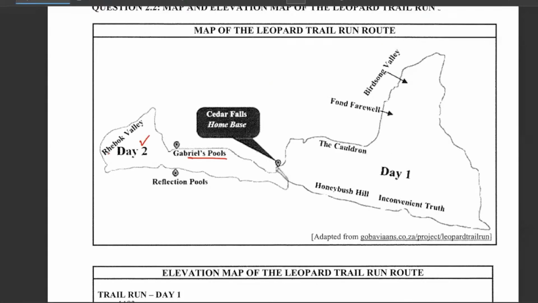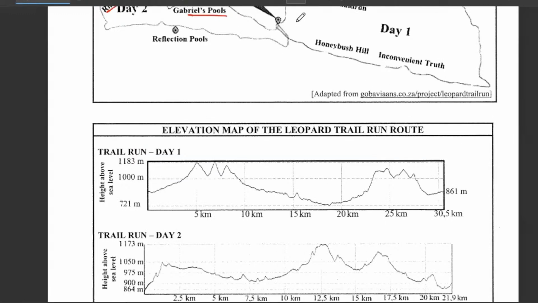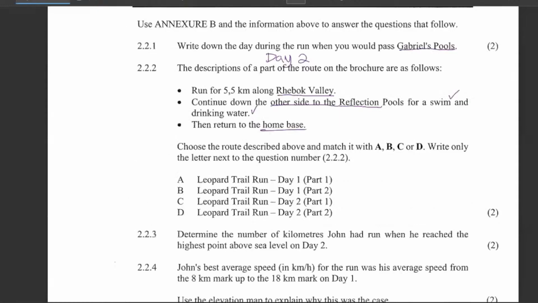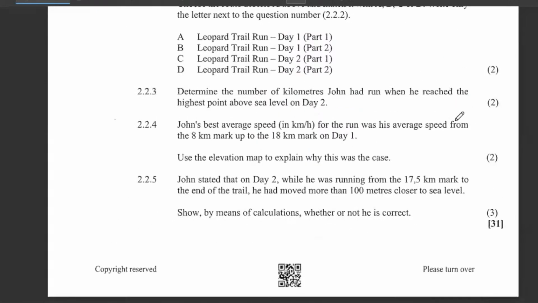But we are seeing it's from here, from there, they're saying 5.5. It's day 2. Day 2 part 1, day 2 part 2. So here it's B or C.